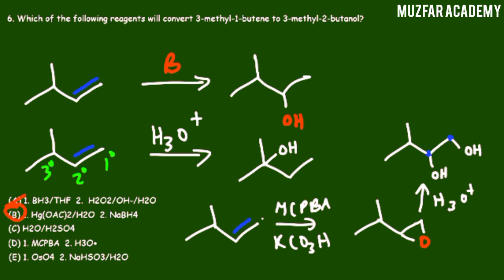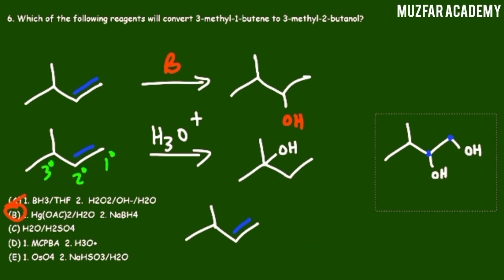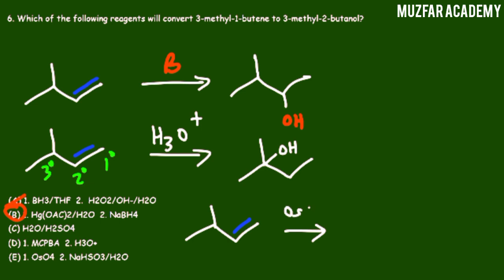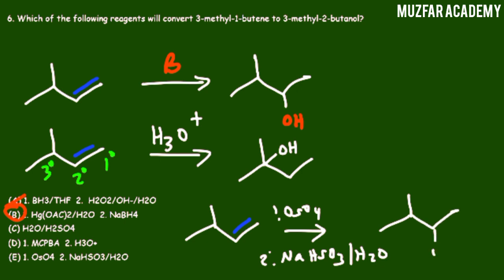Now for answer choice E, osmium tetroxide followed by sodium bisulfite with water. This too will give you a diol. The only difference is it's going to be syn addition as opposed to anti-addition.